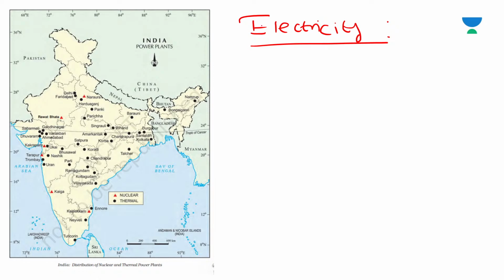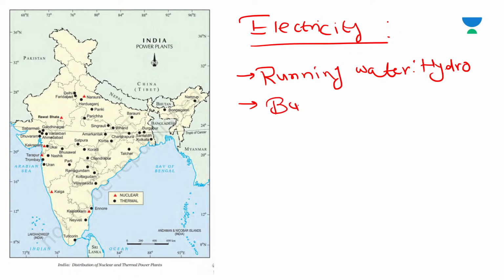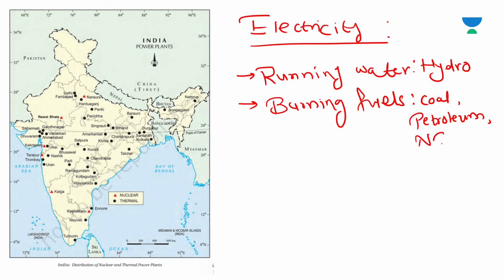Electricity is generated mainly in two ways: by running water, which drives hydro turbines to generate electricity, and another one is by burning other fuels such as coal, petroleum, natural gas to drive turbines to produce thermal power.